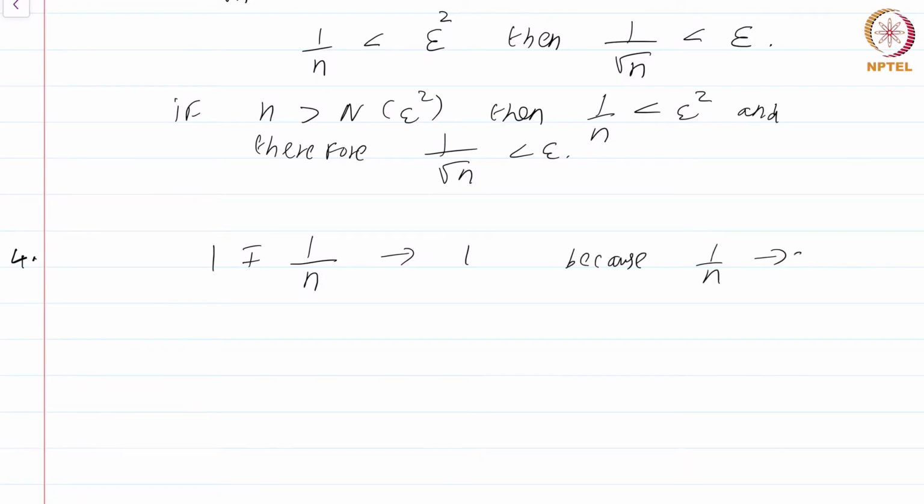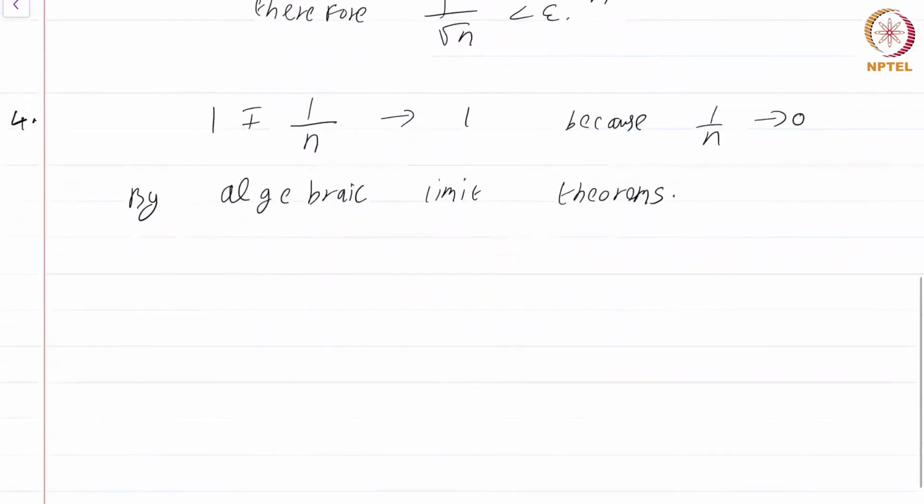And we can use the algebraic limit theorems. Okay. So the sequence 1 plus or minus 1 by n converges to 1. This is not really complicated. I did not keep up my promise. Well, no worries. Look at this one.